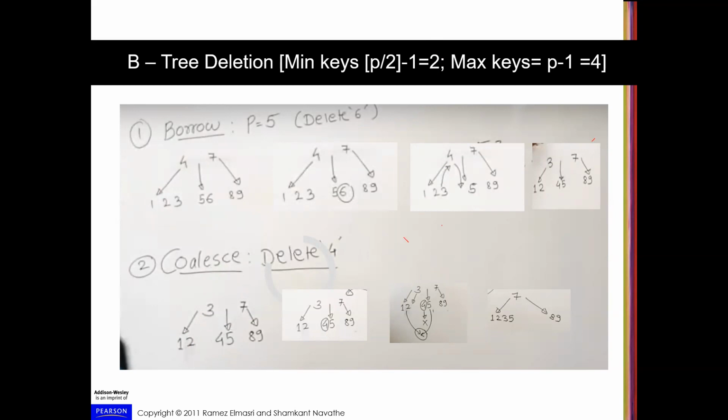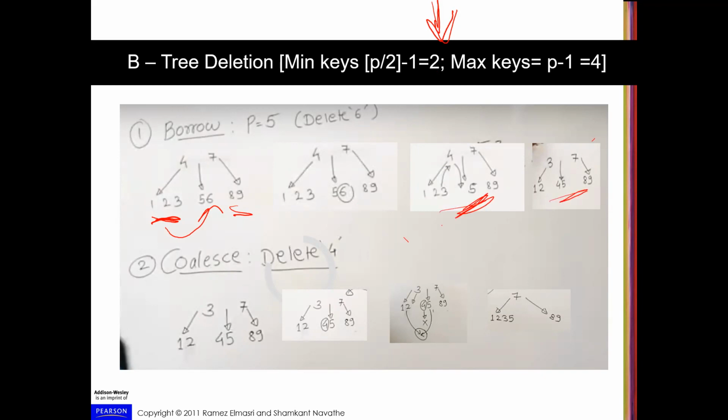The borrow method says that if the neighbor or sibling nodes have more than the minimum number of required values, they can give to us. So we borrow from them, apply the rules of the B tree, and adjust the entire tree.